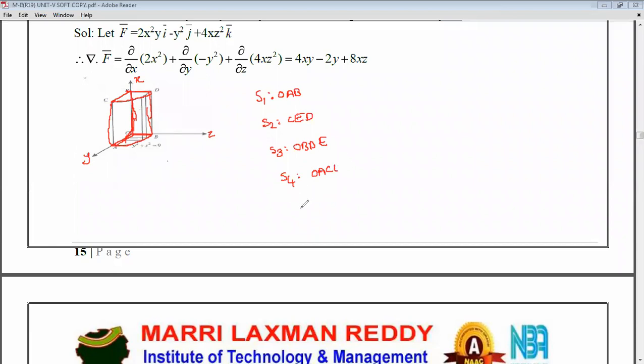And another face we also have, the curved face, that is nothing but A, B, C, D. So these are the total 5 faces for this.